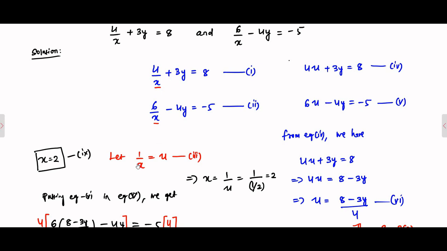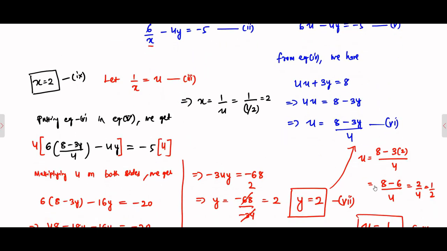But it's important to remember this relationship, that u is equal to 1 by x. So then we solved for u and y. We got the value of y first, then we got the value of u, then using that value of u, we calculated the value of x.